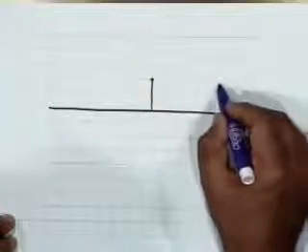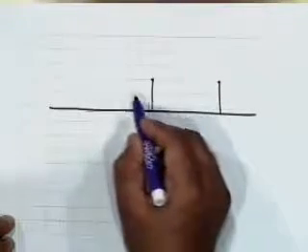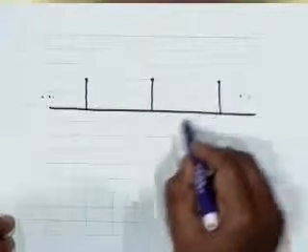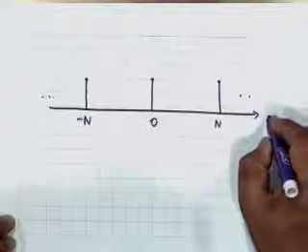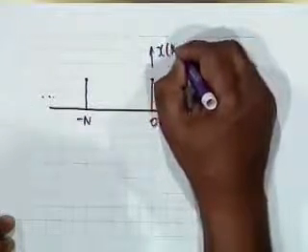I'll draw it again. X of n is a delta function occurring like this, 1, 2, 3, 4, 5, 1, 2, 3, 4, 5. It must look proper. All right. This is 0, capital N, minus capital N. This is versus k, and this is a plot of x of k.